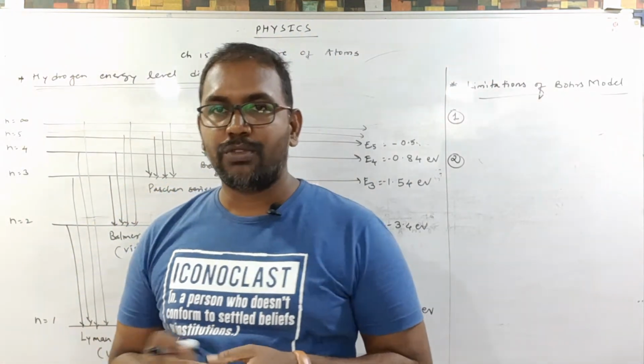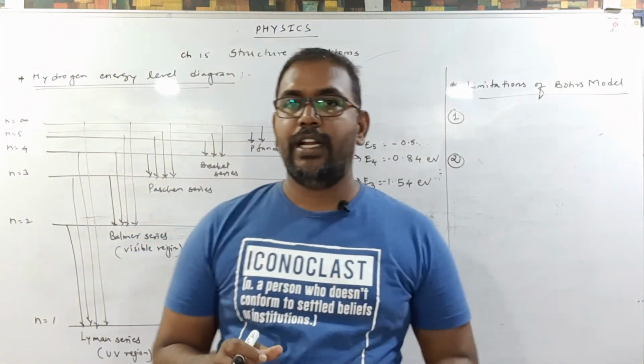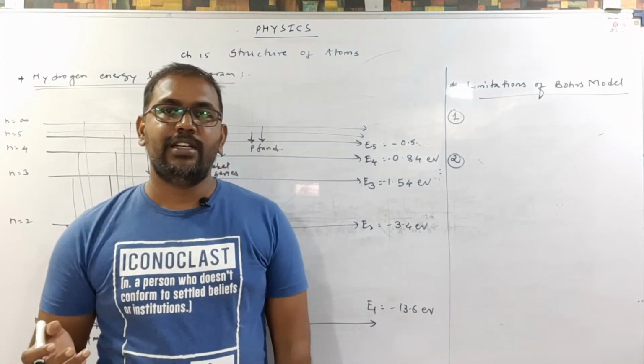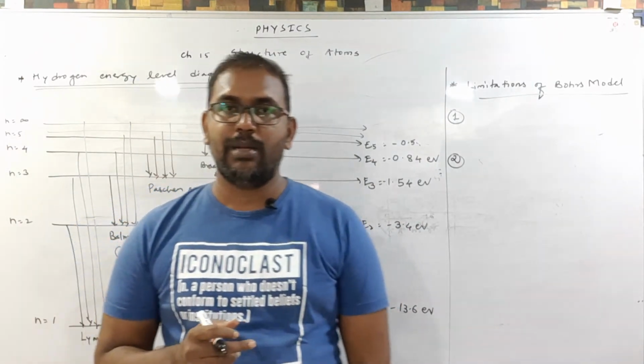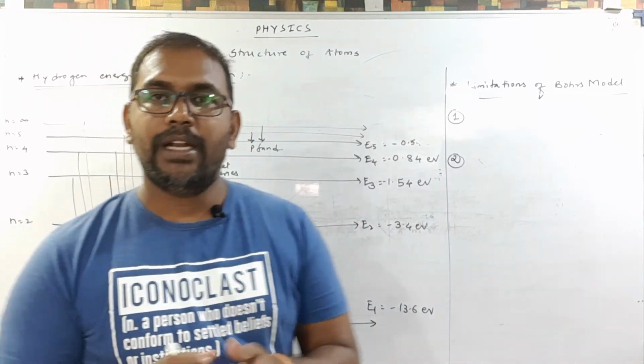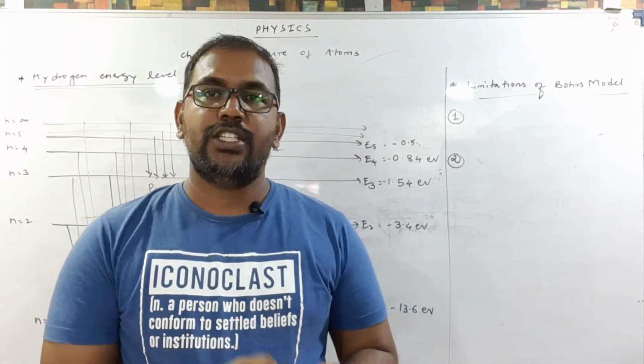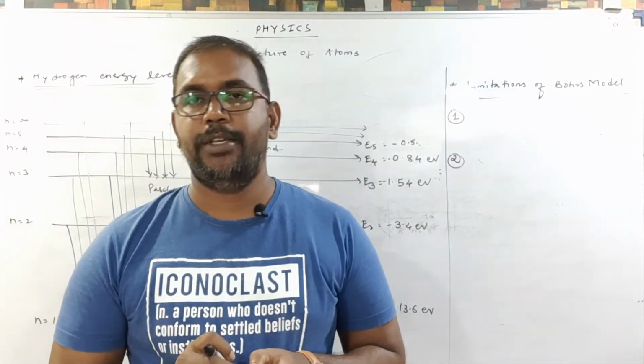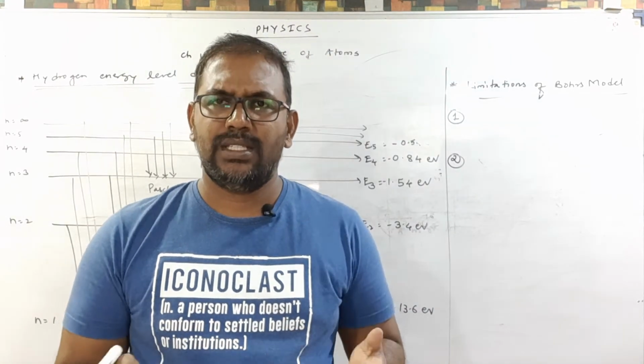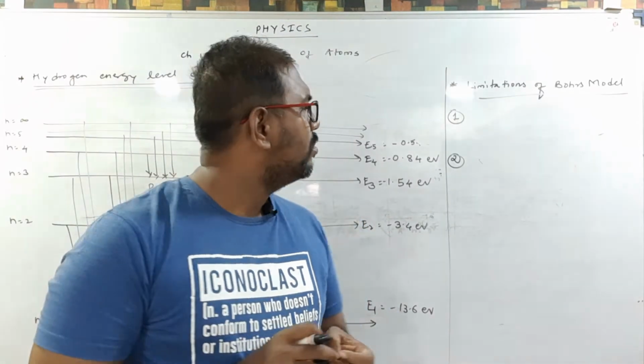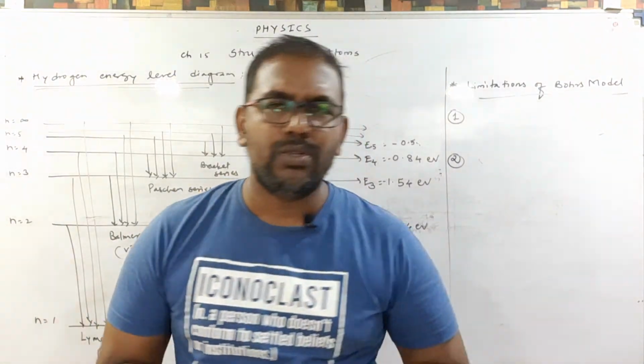You know that in the second postulate we learned the electron does not radiate energy only when its angular momentum is an integral multiple of h upon 2 pi. In a similar manner, only when particular conditions are followed is the atom stable. This is one of the limitations of Bohr's atomic model.